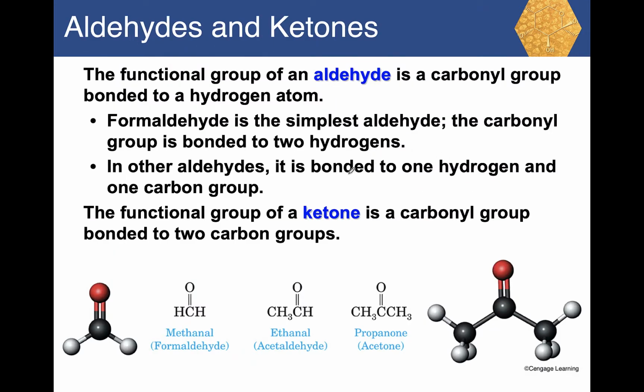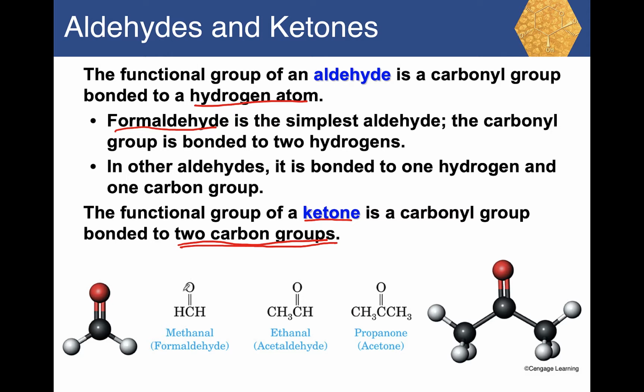An aldehyde is bonded to a hydrogen and a carbon-containing group. And of course, formaldehyde is a specific example because it has just two hydrogens. A ketone has two carbon-containing groups. Keyword: two carbon-containing groups.